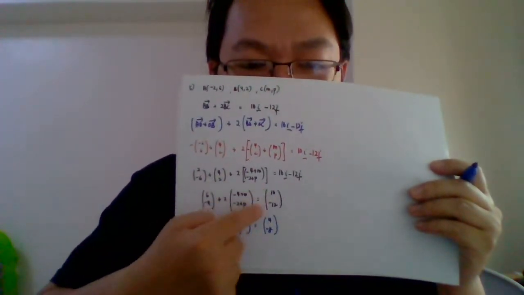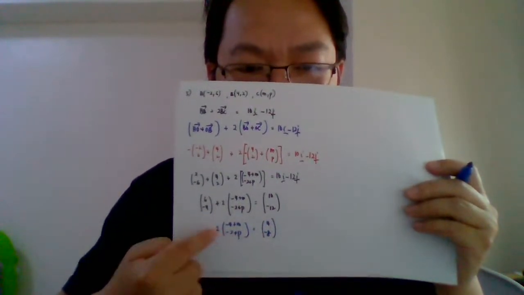So we simplify everything, we are supposed to get, okay, negative 4 plus M, negative 2 plus P equals to 10 minus 6, 4, then 12 minus negative 4. Negative 12 minus negative 4, we are supposed to get negative 8. So when I simplify the equation, move this here, we get 4, negative 8, and the 2 moves here, it becomes divide, so it will become like this, 4 divided by 2, 2, negative 8 divided by 2, negative 4.